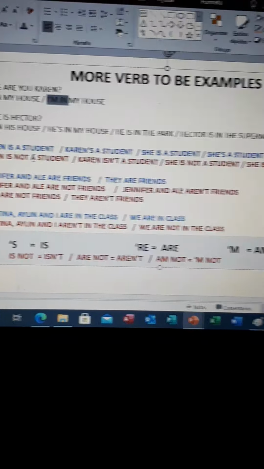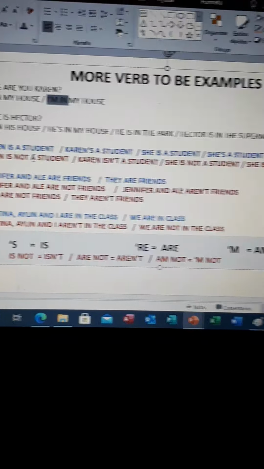Now, if you're going to use the contracted form, you have to use the correct form. If you're going to contract is, it's apostrophe s, okay? And for negative, is not changes to isn't. Now, for the plural form, instead of using are, remember that you can use apostrophe re, or in the negative, are not changes to aren't. And am changes to apostrophe m, and for negative, I'm not.